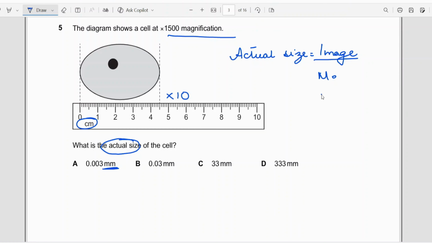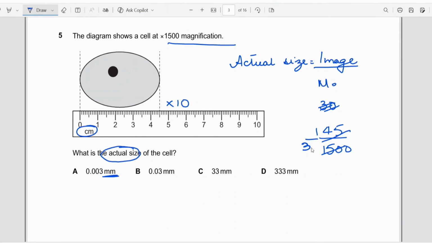Just wait. It would be 45 divided by 1500. So it would be 1 over 300, so 0.03. 4.5 multiplied by 10.